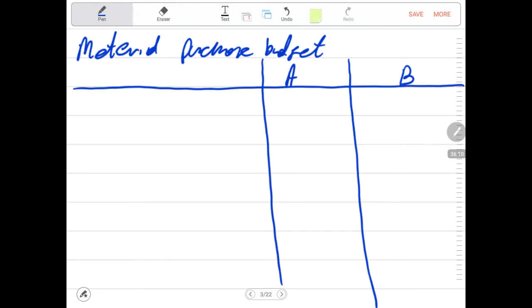Then now we know that we start with the production, the production of product KI and product LO.